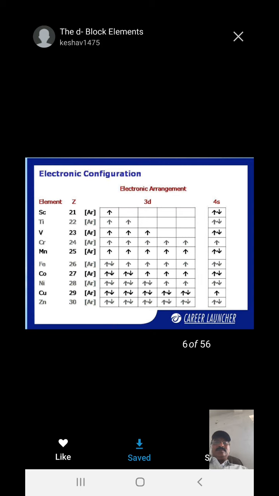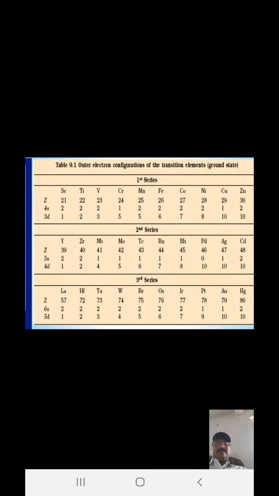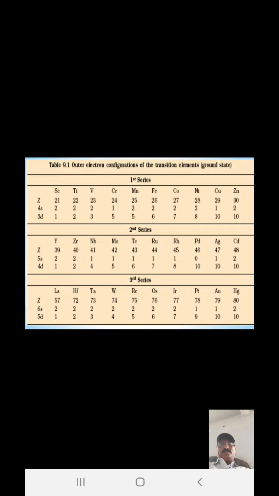Okay, observe carefully. Here I am showing the electronic configuration of the 3d series, then the outer electron configuration of the transition elements in ground state. Scandium contains 2 electrons in its 4s orbital and 1 electron in its penultimate 3d orbital.